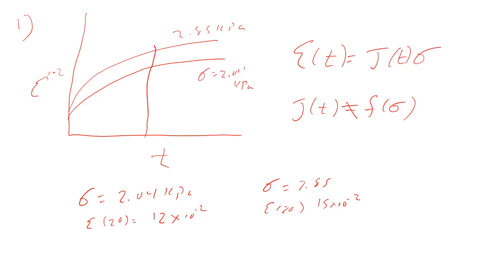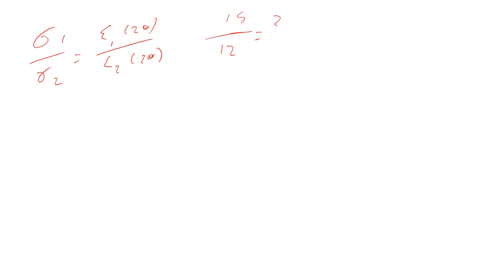And if we then take this ratio, if it's perfectly linear viscoelastic, this should be true. And it's not. We plug in numbers. Basically, we get 15 over 12, I won't use the equal sign here because this will cause confusion. Our ratio is 2.85 over 2.04.